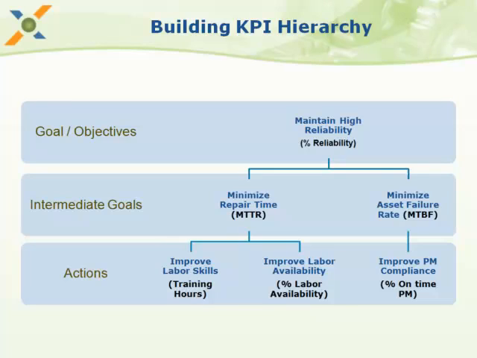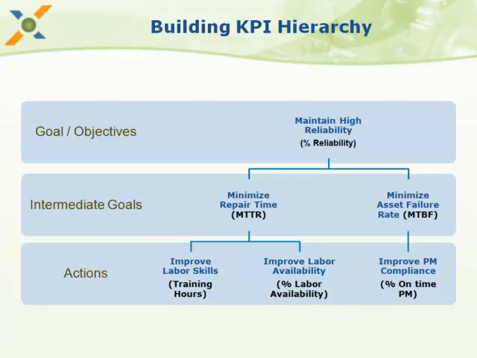As everybody knows, what we can control is what we can manage. So in this case, let's look at what actions we can take to minimize, let's say, MTTR, and what actions we can take to minimize failures.